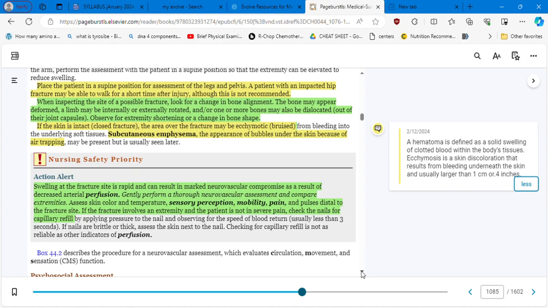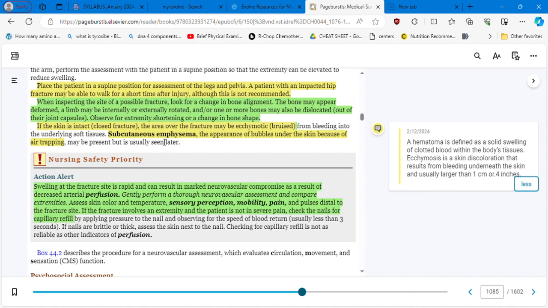When you receive report and they are going to describe the condition, the hematoma is defined as a solid swelling of clotted blood within the body tissues. Ecchymosis is a skin discoloration that results from bleeding underneath the skin and is usually larger than 1 centimeter. That's ecchymosis. Okay, so hematoma is going to be a solid swelling.